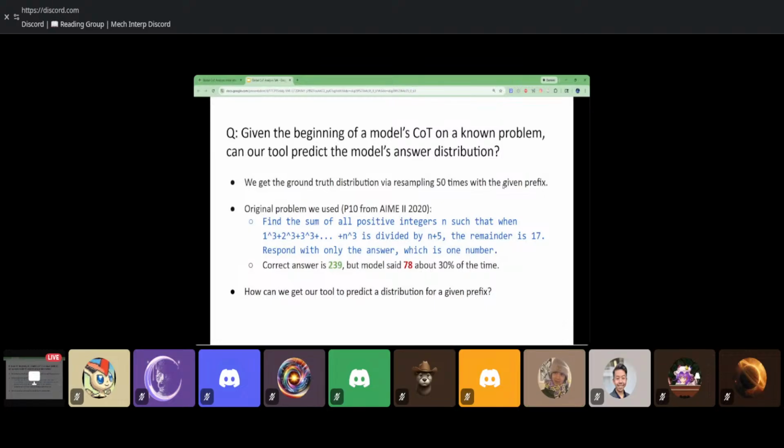The TLDR is that the method described above achieved, across our test set of maybe 7 different problems, on average a better performance than any of the other baselines we tried.